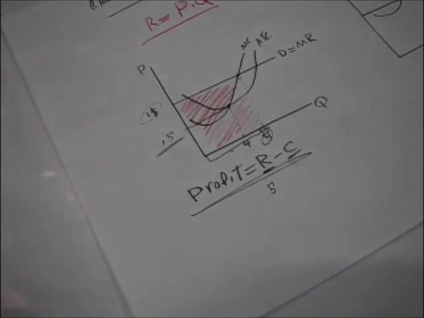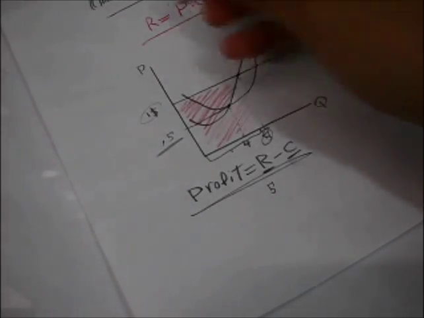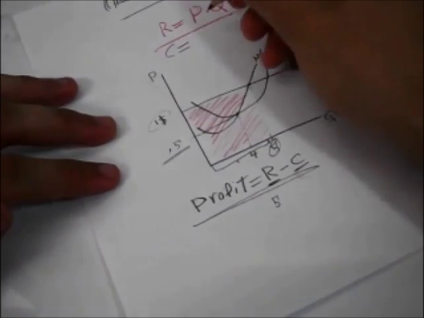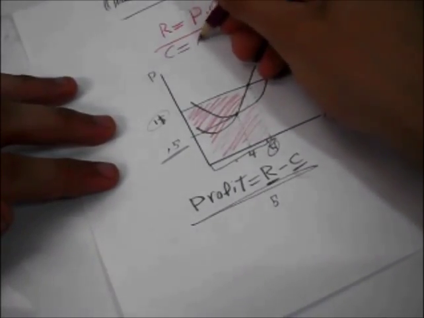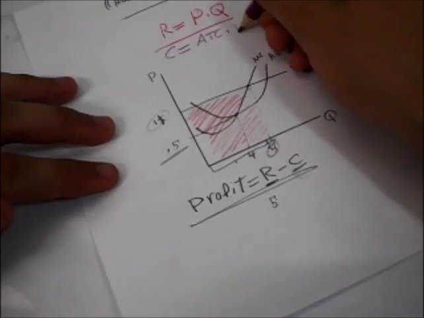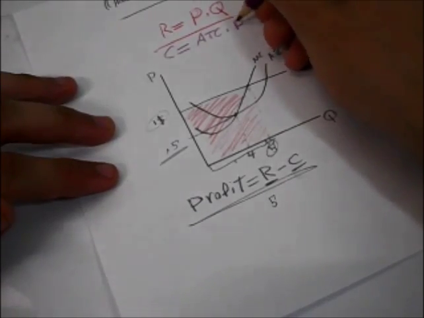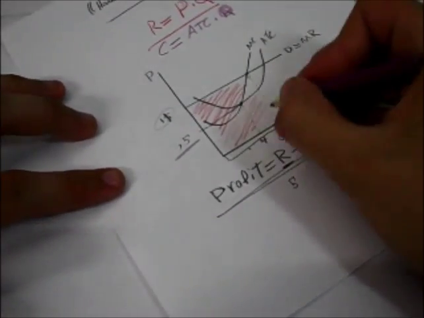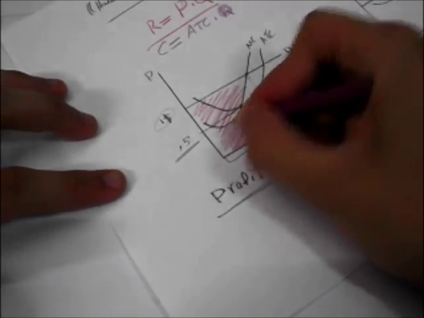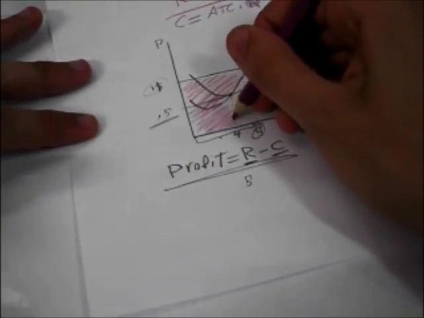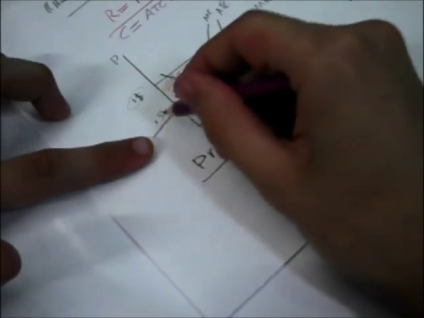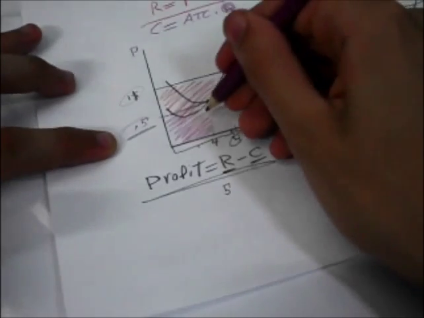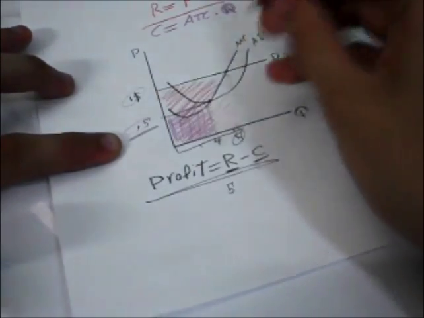So the cost, let me put it in another color, equals the average total cost times the quantity. So what we have here is this part, because this is the average total cost of 0.5 and the quantity is 4. So here this whole area is the cost.